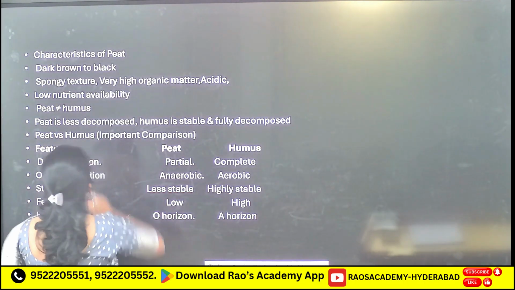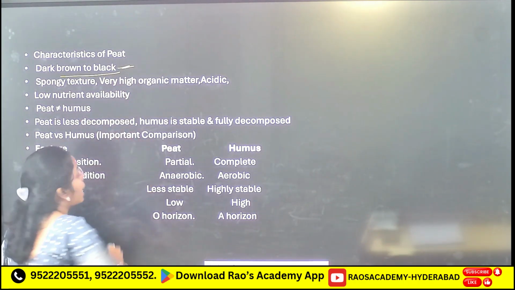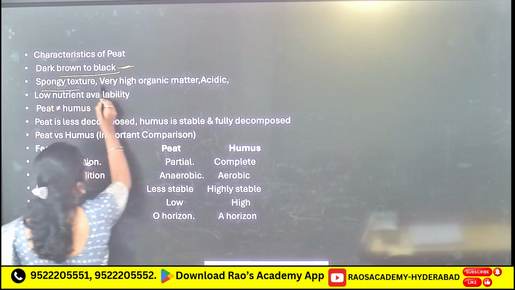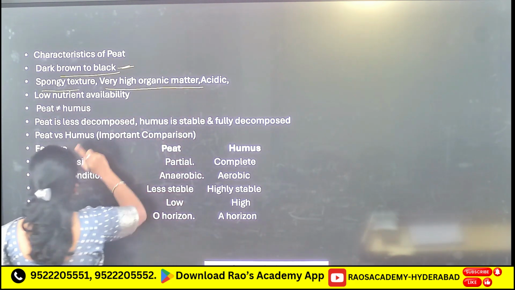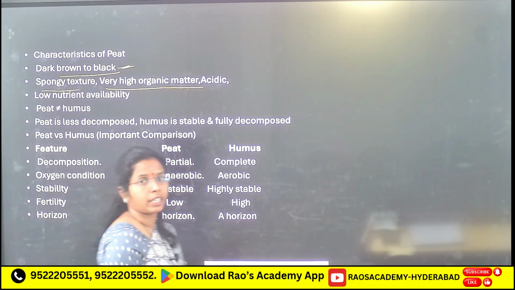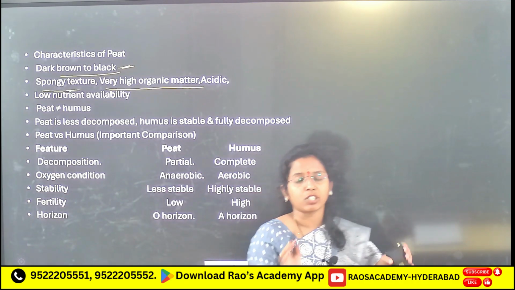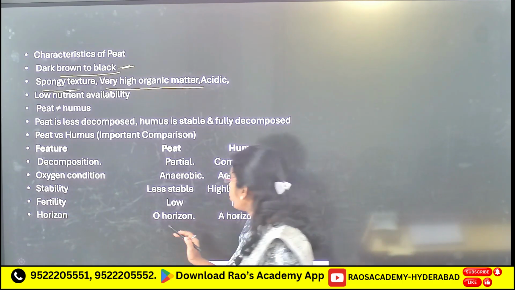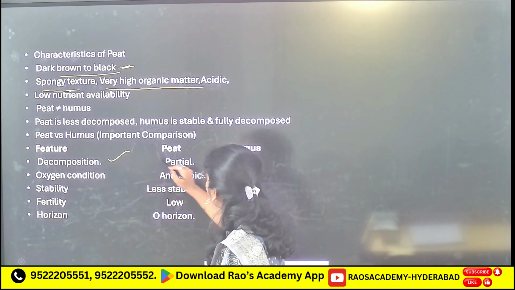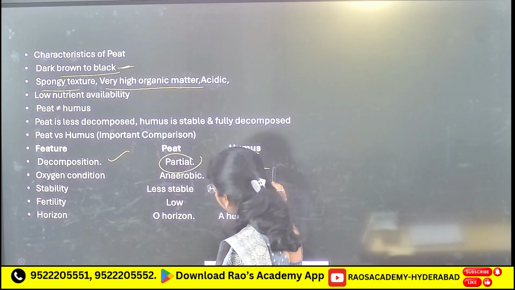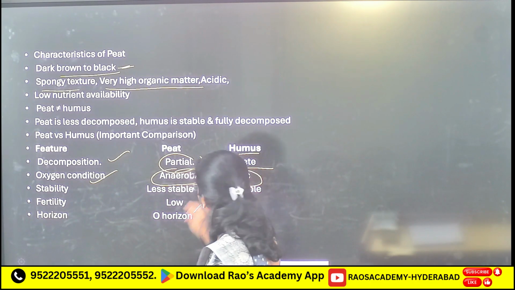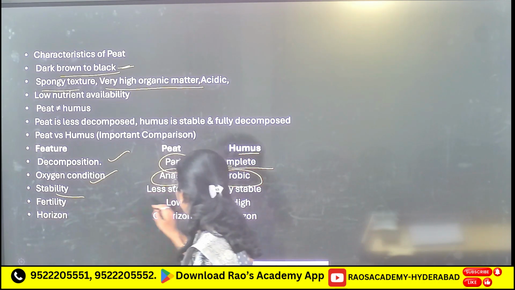Characteristics of peat: dark brown to black, spongy texture, very high organic matter, acidic, but nutrient content is low. Peat is not equal to humus. Humus is different, peat is different. Decomposition in peat is partial, in humus complete. Oxygen condition is anaerobic in peat, aerobic in humus.